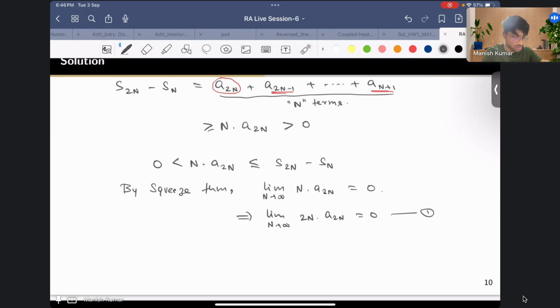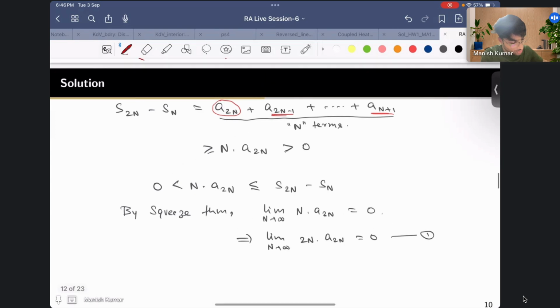So let me recall one of the problems that we dealt with. I don't remember which session it was, but suppose you have these a_2n and a_2n plus 1.